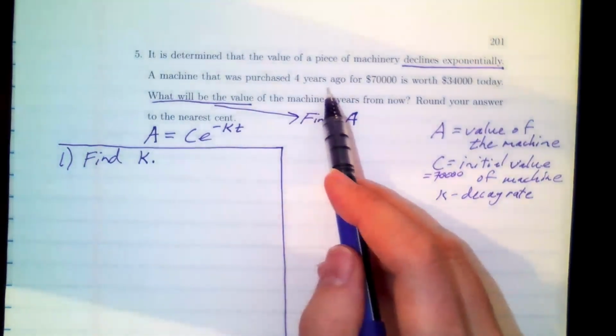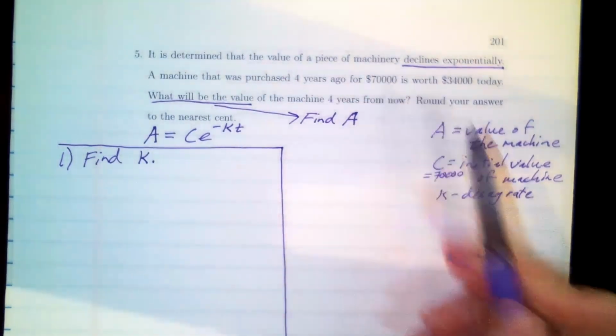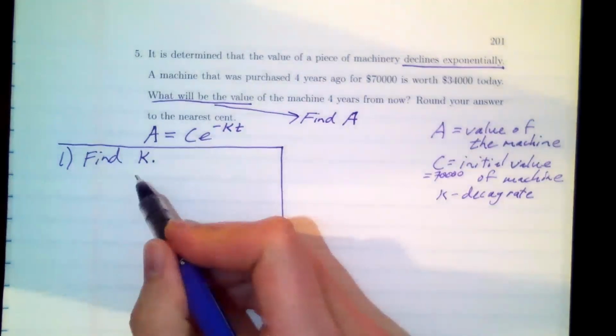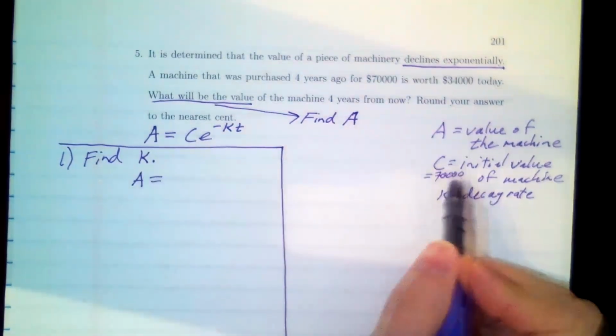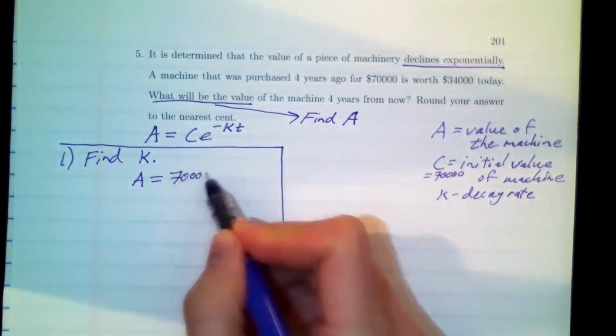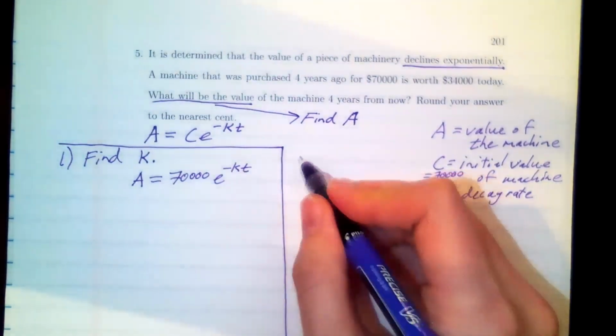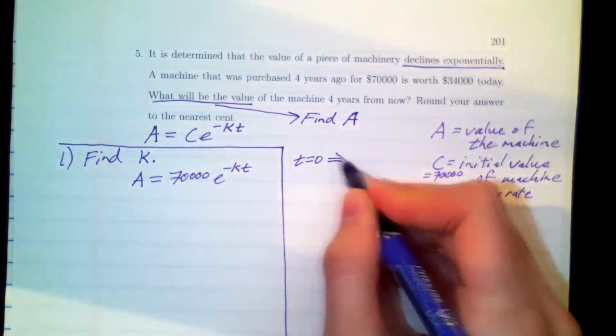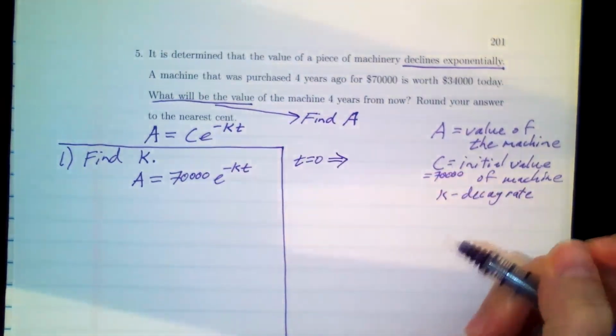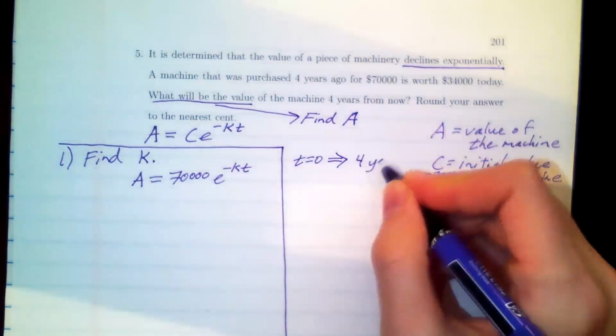4 years ago, this machine was worth 70,000. So if I were to put its initial worth, the 70,000, in for C, we have to recognize that that means time t equals 0 represents that time where it was worth 70,000. That was 4 years ago.